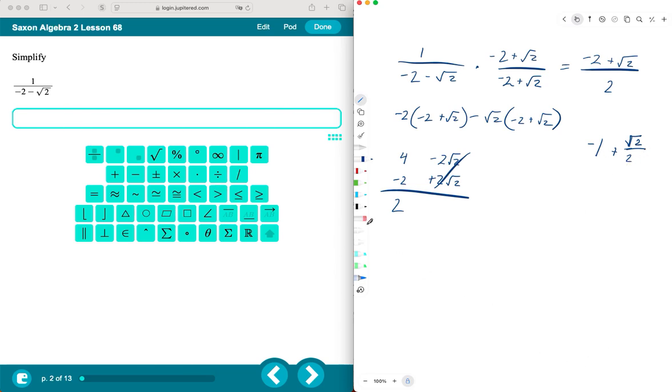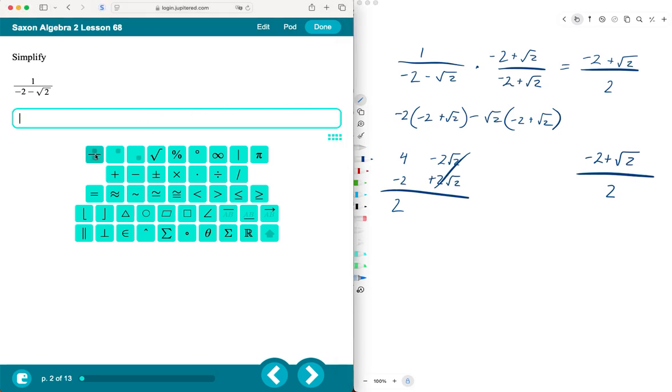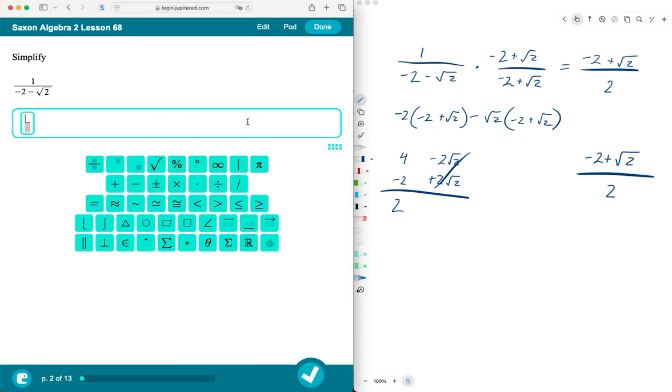I'm not sure if the system wants it that way. The system might want it to remain like this because we can't reduce a coefficient here. So why don't we just type it in like this and see what it tells us? And if it tells us it's wrong, then we know we should reduce it.